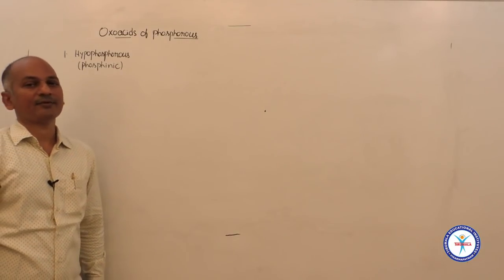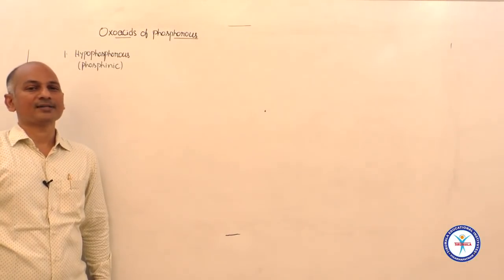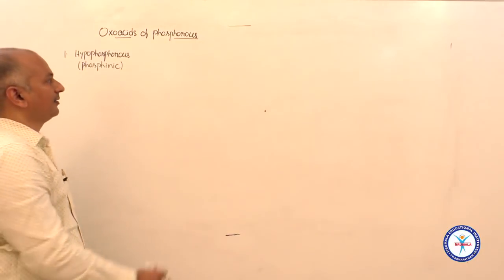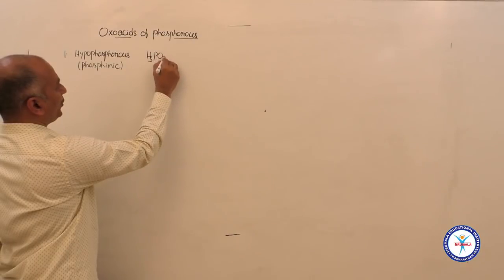Try to remember the names, all of you. Hypophosphorus, which is also called phosphinic. Formula: H3PO2.